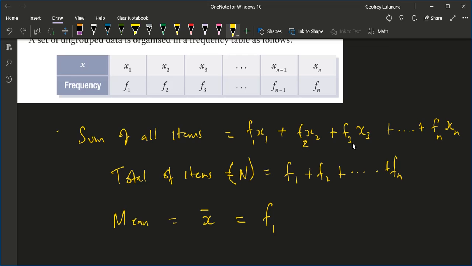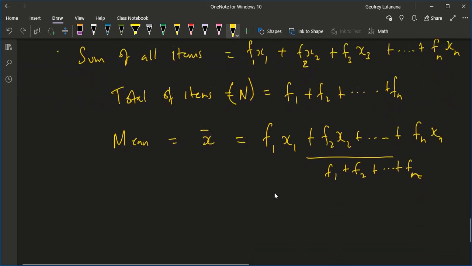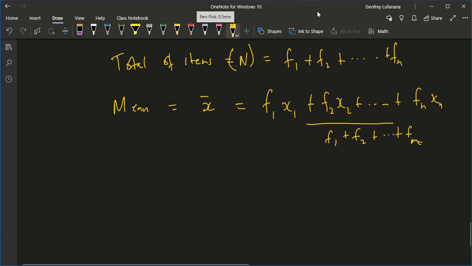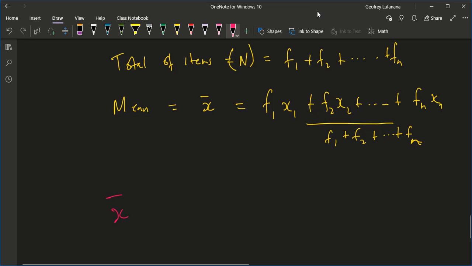So this would be f1x1 plus f2x2 plus until fnxn, divided by the addition of all the frequencies, f1 plus until fn. If I introduce the summation notation, the mean x bar is going to be given by the summation of fx over the summation of f.